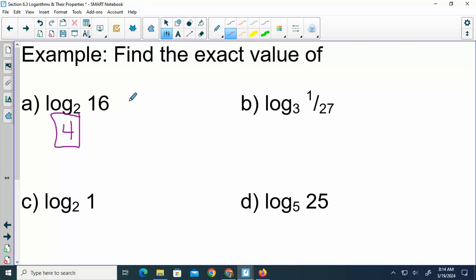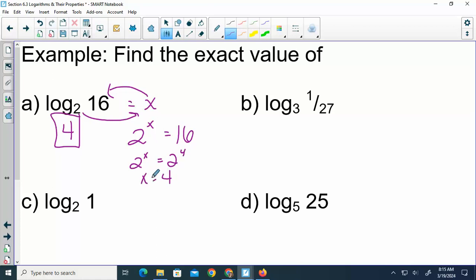If not, set it equal to x and change it to exponential form. So you start with the base, so it would be 2 to the x power equals 16. Didn't we solve problems like this on our last test? Common base. So 16 is 2 to the 4th, and x equals 4. So if you get stuck, you might have to write it out and solve it like an exponential, or you might be able to just look at it and know.